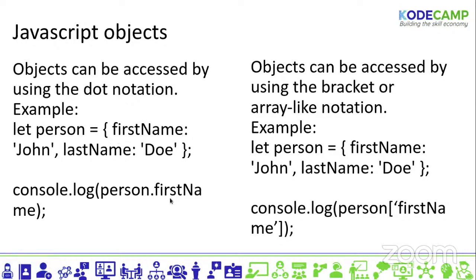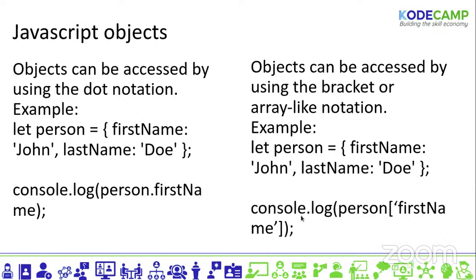And if we want to get the first name, we say person dot first name. And then this person dot first name is actually going to print out John. Or we can use this other notation. So you can use the brackets or array-like notation to access the value of a particular key in an object.